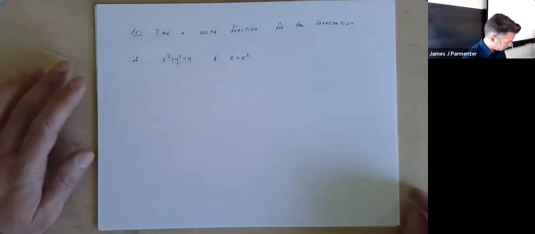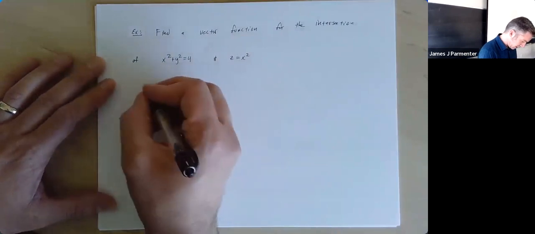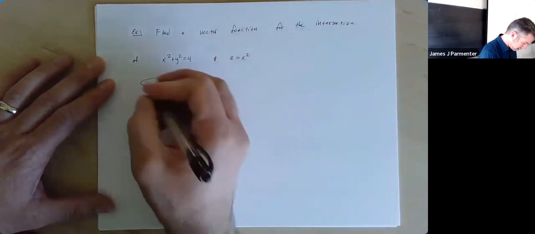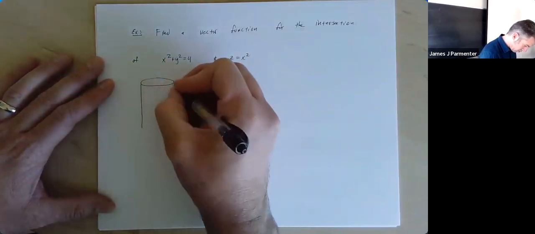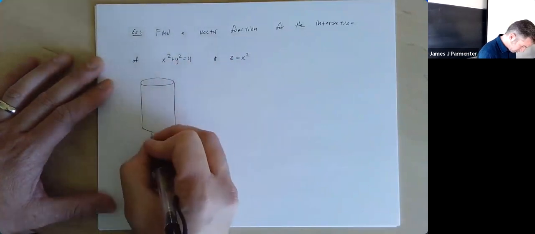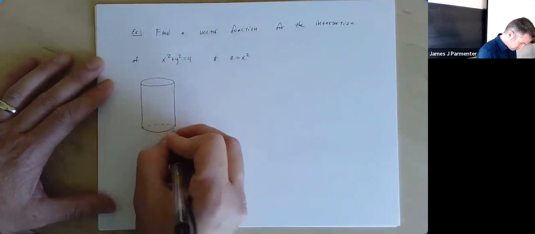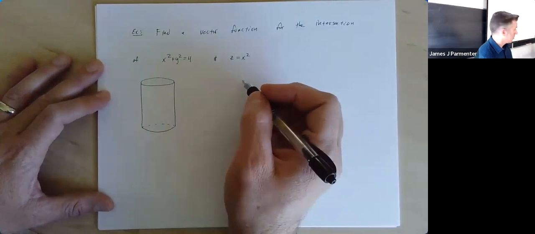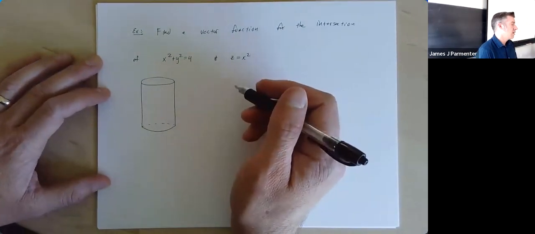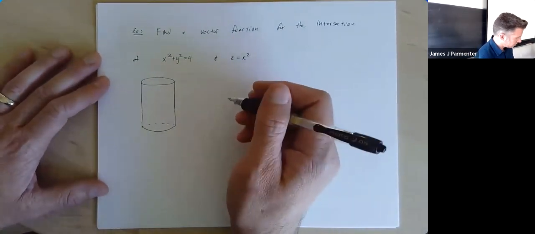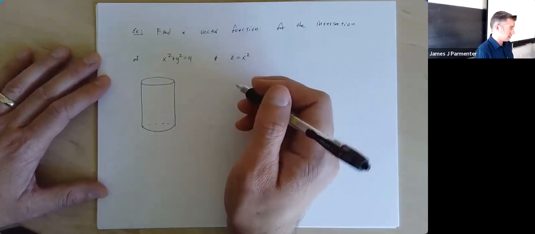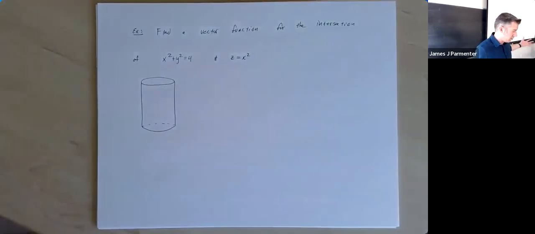As a reminder, x squared plus y squared equal to 4 looks like a cylinder, radius 2. And z equal to x squared looks like a parabolic cylinder, a parabola that's been extended in one direction.